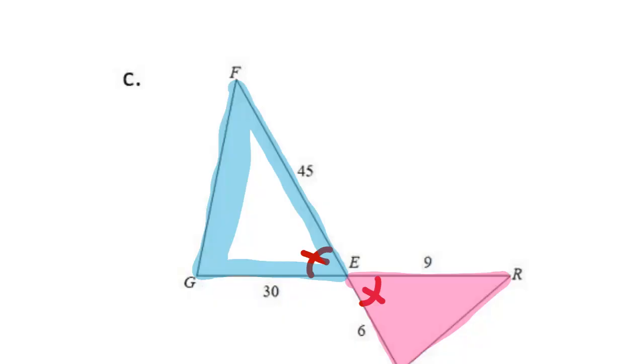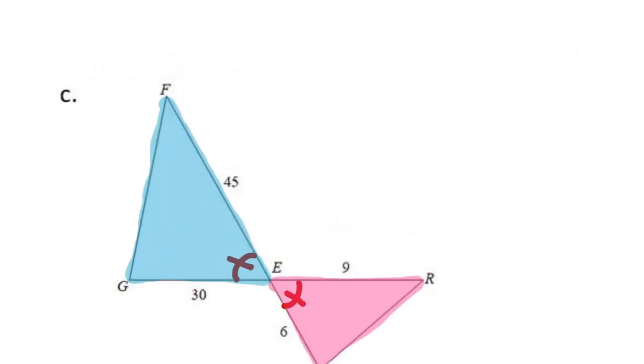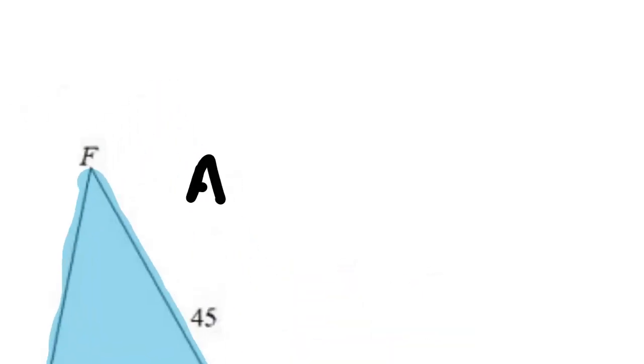I can't try to use side-side-side because there are two sides, a pair with one on each triangle that I don't know. So I know about those two vertical angles being congruent. So now I need to know, are the sides proportional?